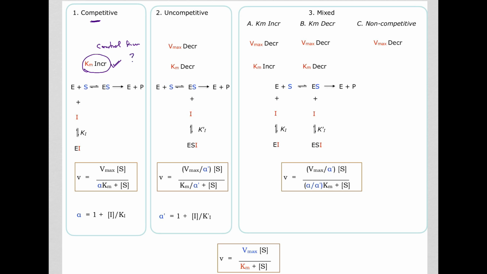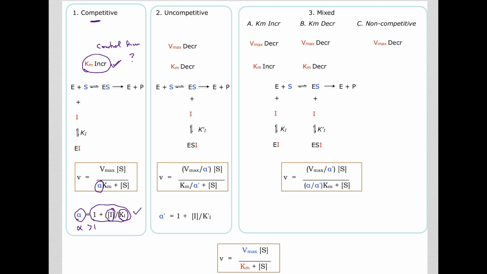And that can be answered by using this factor alpha. So alpha tells us by how much the Km has increased. Alpha is always greater than 1 because we are saying how much it has increased. And alpha is given by this equation: alpha equals 1 plus I, the inhibitor concentration, divided by the inhibitor constant Ki.